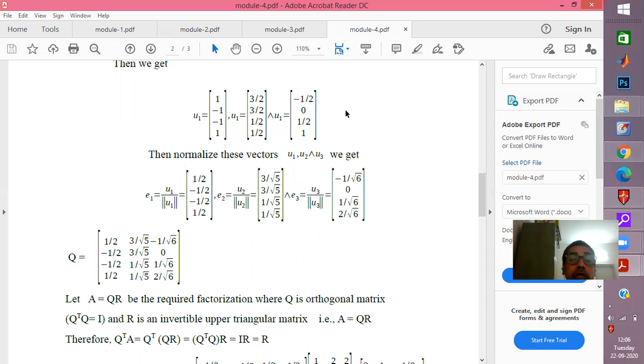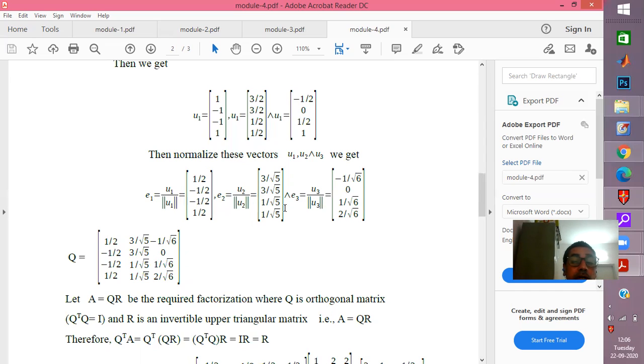Finally, using u1, u2, and u3, we can create the vector v3, which will be orthogonal not only to v1 but also to v2. After finding that vector, we normalize that also. I have not gone into the details because you have already been told how to apply the Gram-Schmidt process.